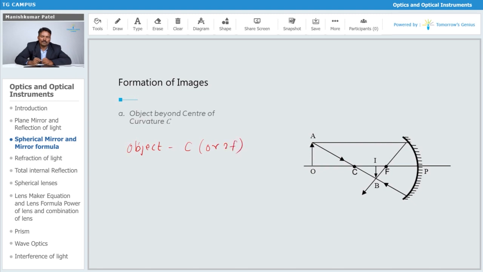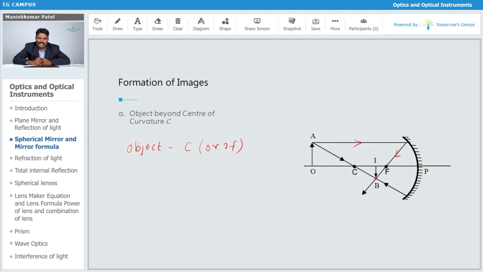The first ray, parallel to the principal axis, has to pass through the focus. The second ray passes through the center of curvature and retraces its path. Both rays are going to meet over here. At that point the image will be formed for this particular case.